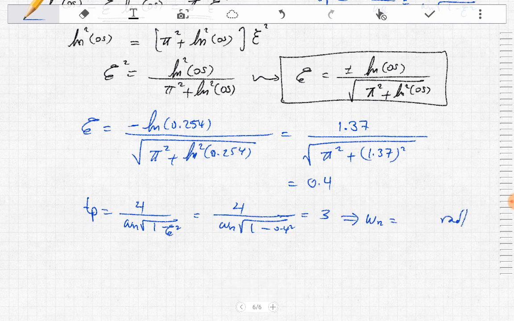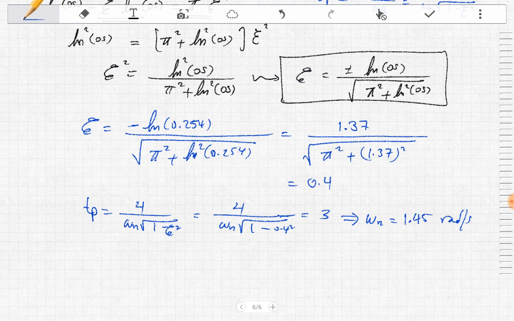It will be in radians per second. This is not a direct problem, by the way. There are many things in this problem. 1.45. You can review the numbers when you solve it at home.